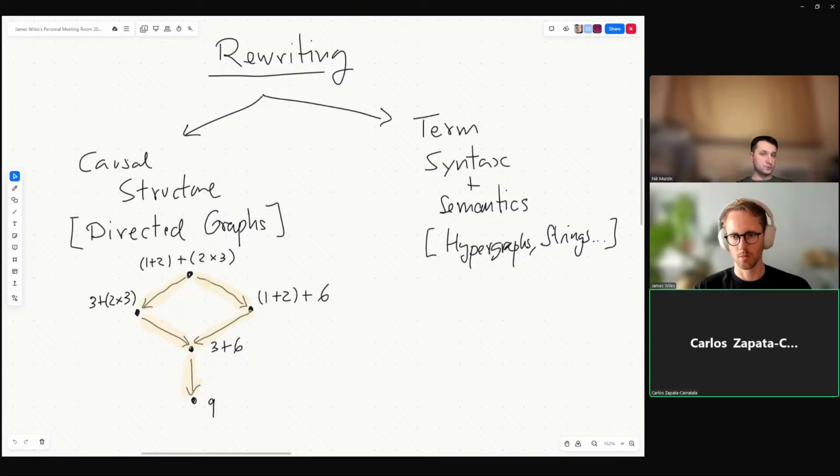It's just about the topology of those terms under the rules that we are establishing. What this is telling you is that if you want to get an expression that looks like 3 plus 6, you can't apply just one rule to the expression 1 plus 2 plus 2 times 3. You have to apply at least 2 rules to get there, right? And similarly, if you want to get to an expression 9, you can apply a single operation to get from 3 plus 6.